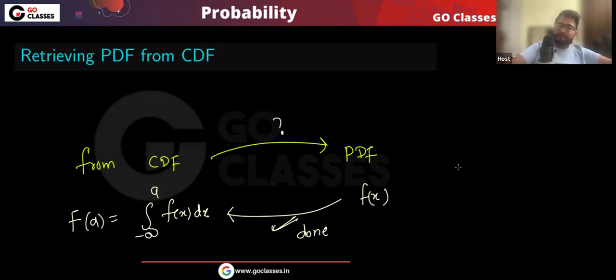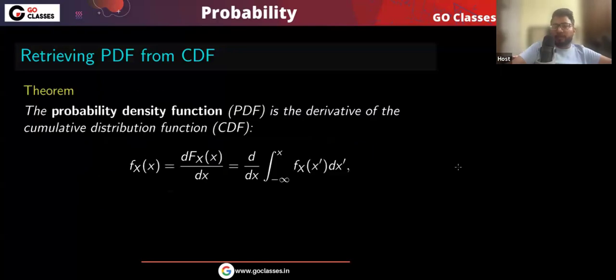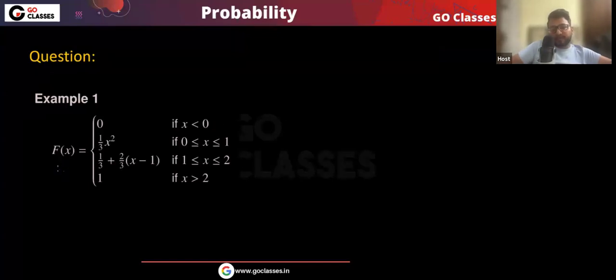Let's just see this. So for example, let's suppose you already have this CDF. Then to get the PDF, you can simply differentiate, okay? So you can differentiate whatever is the value. Let's see the example. The CDF is given to you. Now you want to find out the PDF. What you can do? You can just differentiate this piecewise, right?